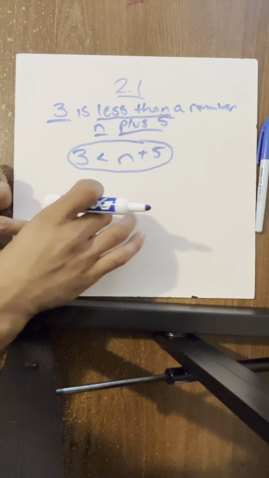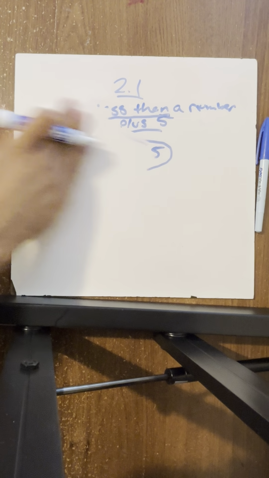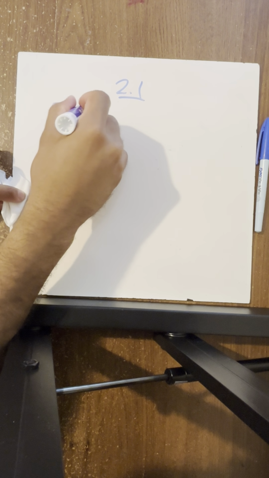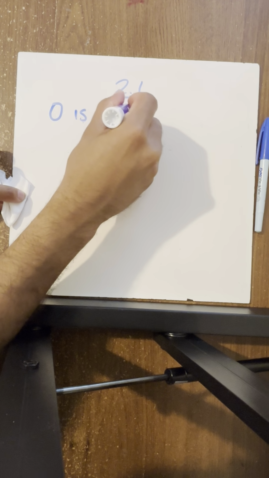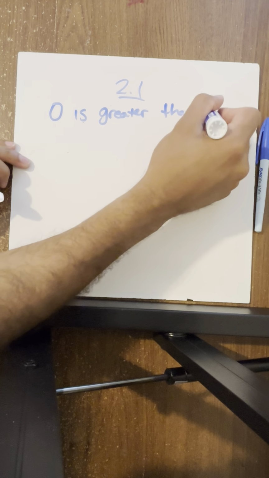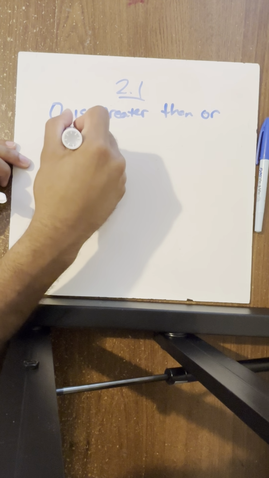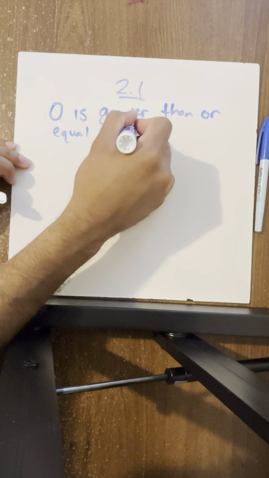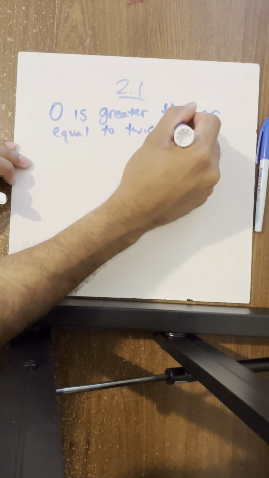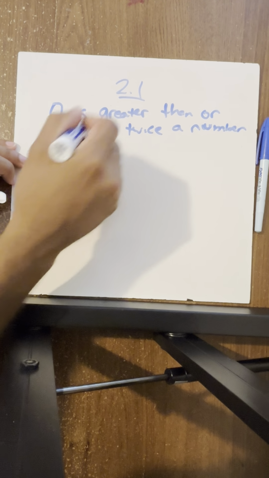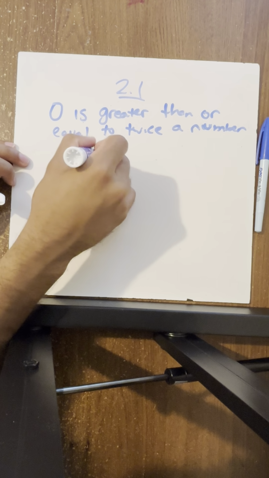All right, let's take a look at a last question like this. If it says 0 is greater than or equal to twice a number x plus 1.